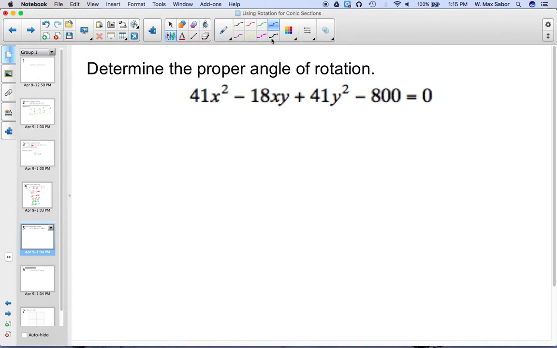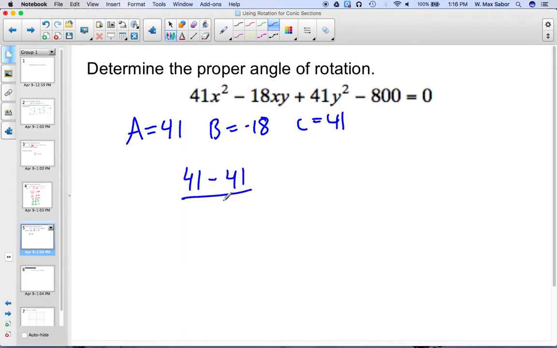Here, let's see what we would rotate by. A is 41, B is -18, C is also 41. So we would rotate by A minus C over B equals cotangent of 2 theta. So we have 0 equals cotangent of 2 theta.